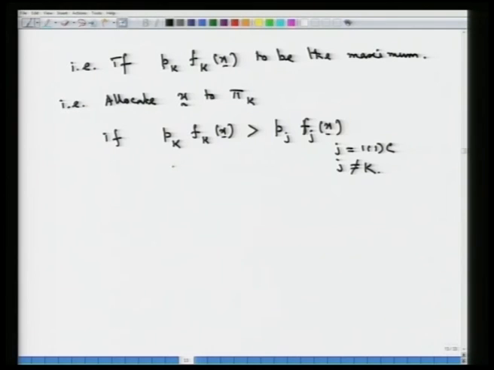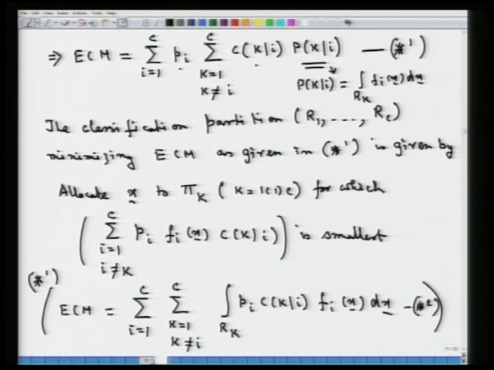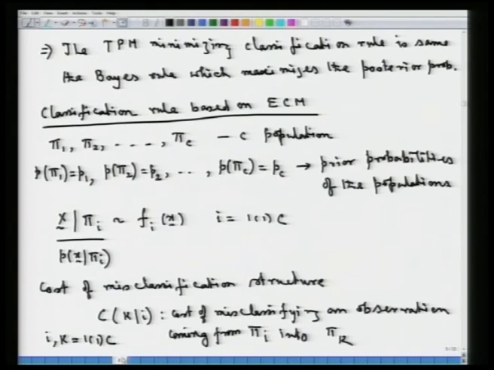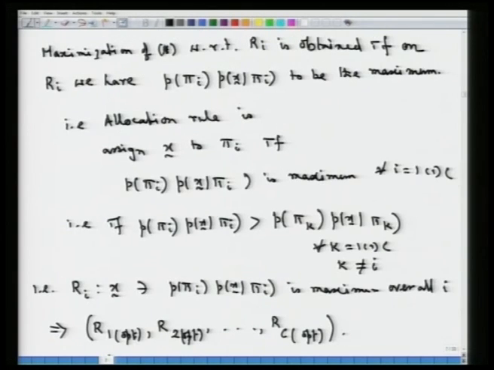Now, recall that when we were looking at the total probability of misclassification rule, what was the rule that we had got? Let us look back and see what we had got earlier. When we were looking at the total probability of misclassification rule, we had said that it is going to assign x to pi_i if the probability product here is greater than this type of probability product for all other products other than i.